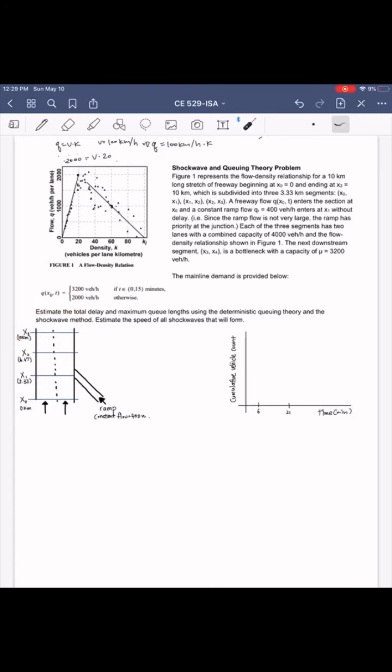So let's calculate the arrival rate. Let's write it down here. Deterministic queuing.